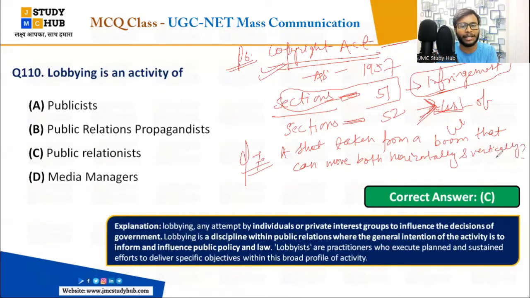A shot taken from a boom can move both horizontally and vertically. So what is called? Everybody. कौन सा शॉट होता है वो? What the name the shot which taken from a boom that can move both horizontally and vertically? If you want hint, then I can give you. Want hint?